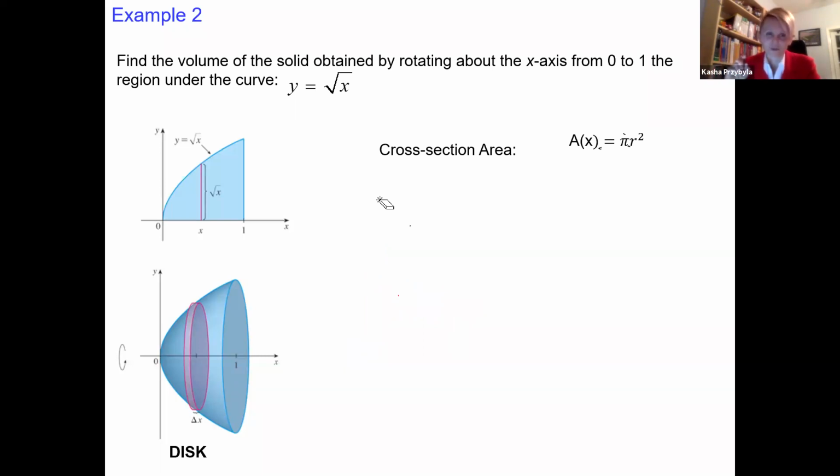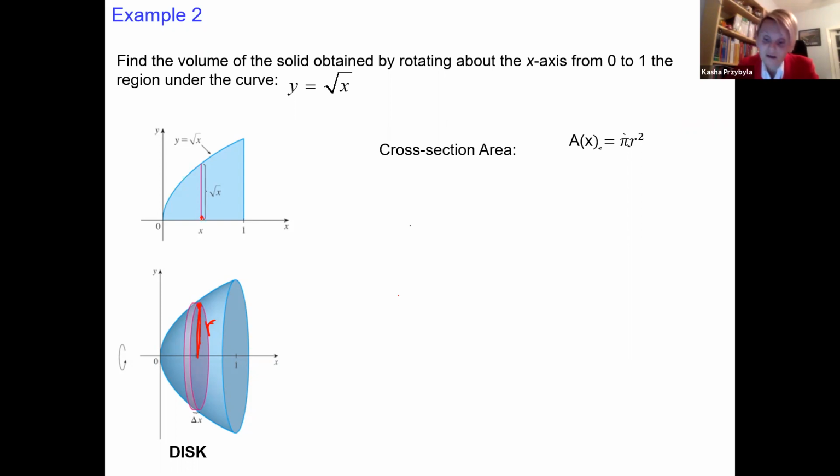Pi r squared, but now we have to think how the radius is defined. This is the radius of that disc. What is the radius? Radius is the value of the function, exactly.